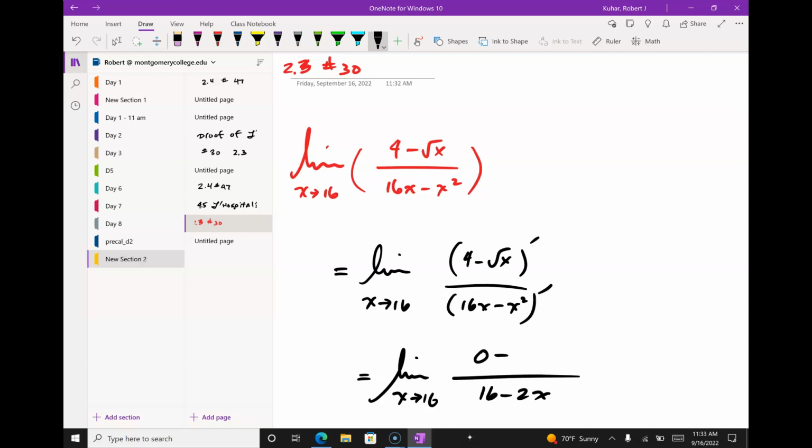I get 0 minus 1 over 2 square roots of x. Everybody with me there? The derivative of 4 is 0. The derivative of square root is 1 over 2 square roots, but I'm going to keep the negative, right? Let the negative go for the ride. Let coefficients go for the ride.